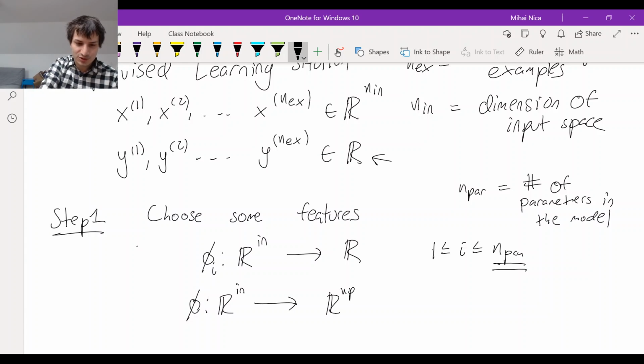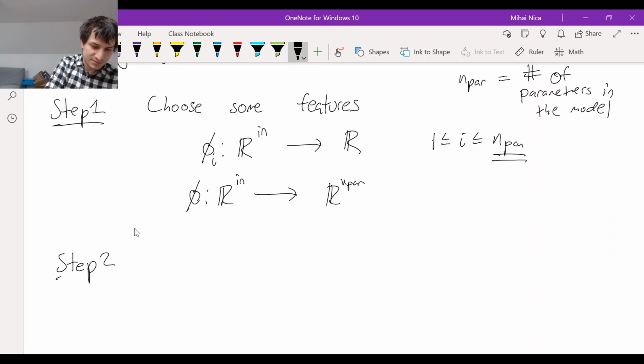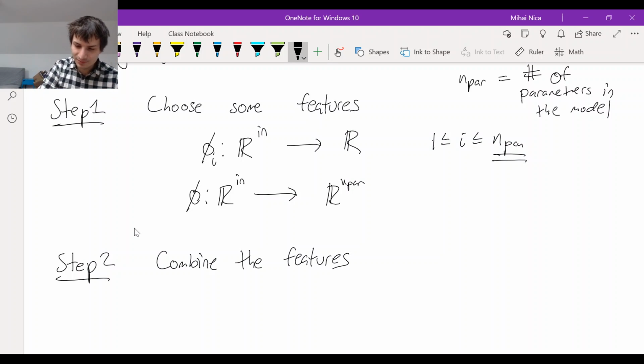So we stack all the features together in one big vector. Those are the features. Once you have the features, you combine all the features together into one final function. So step two, this is going to be combine the features. And we're going to combine them linearly.